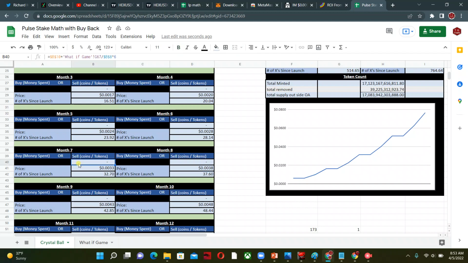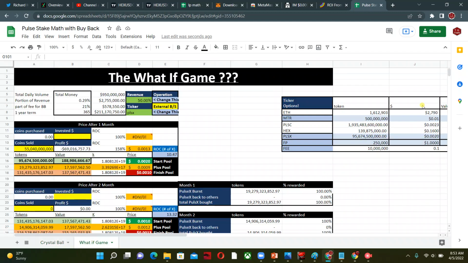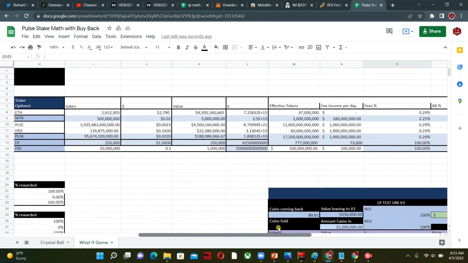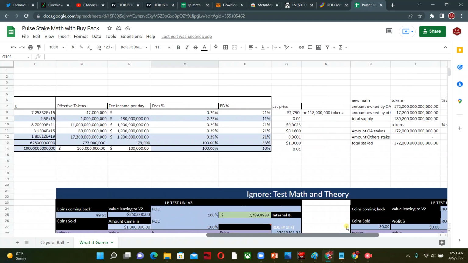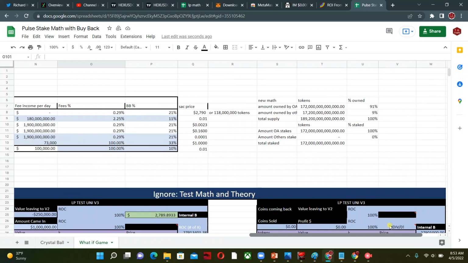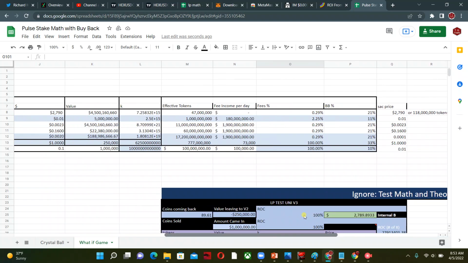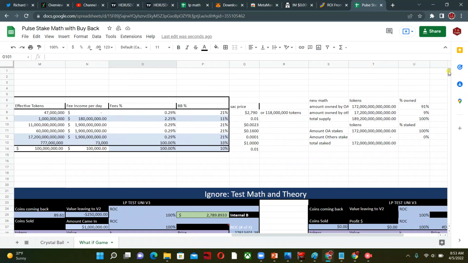And here where this little grayed out is, I can feed information back into the what if game of buys or sells in the system if I want to simulate market pressure, which I had to do in one iteration. This is the what if game, where I have different projects, different liquidity pools, different facts about the projects, different fee earning, different scales of what they plan to do with their fees.